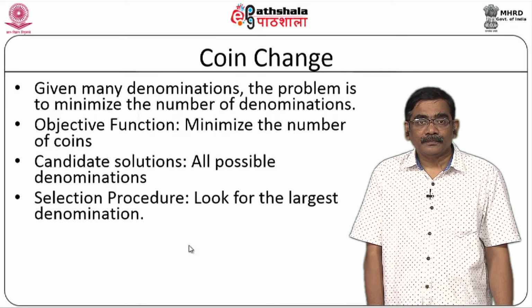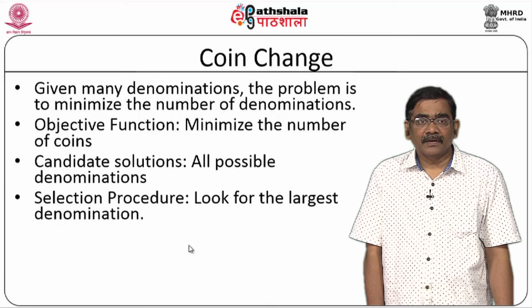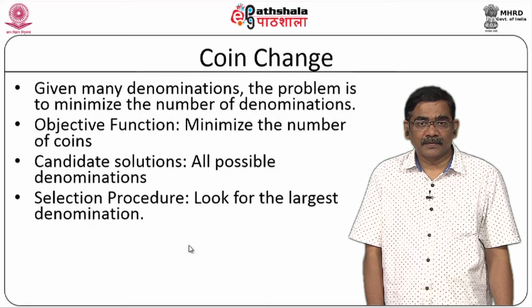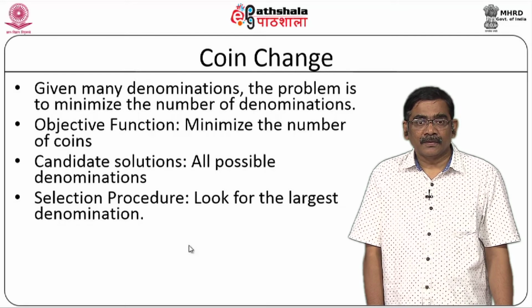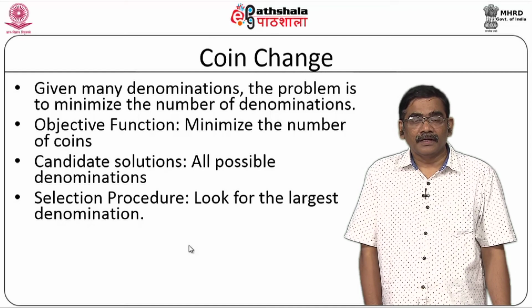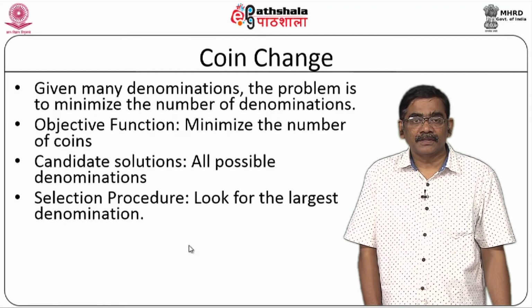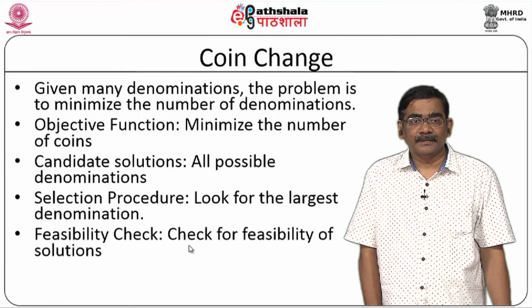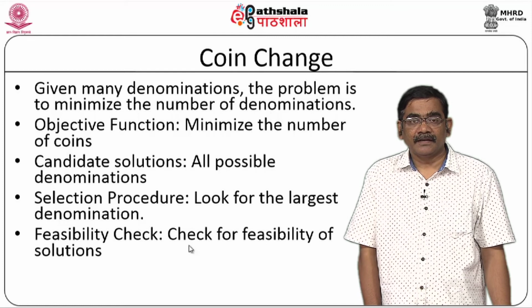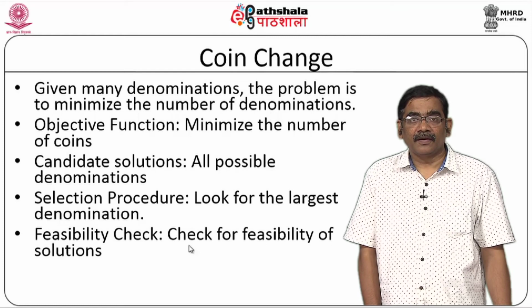So, in the greedy algorithm, I have to go for a selection procedure. I have to look for the largest denomination. This is what the selection procedure is all about. Then I have to check whether it is feasible or not.